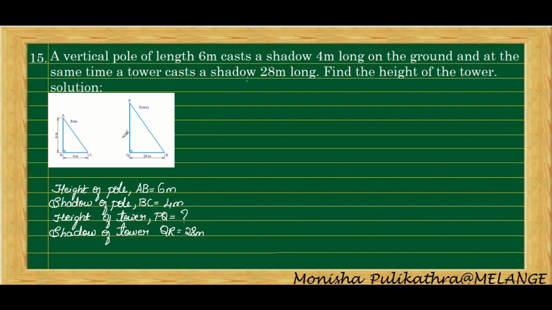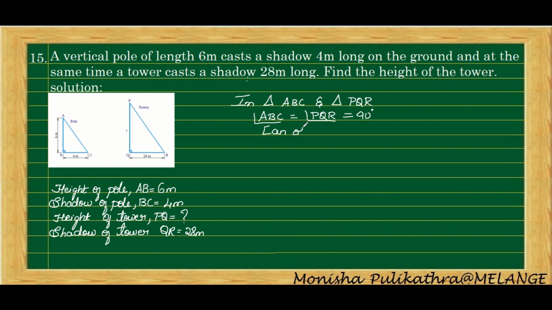Let us compare these two triangles. In triangle ABC and triangle PQR, angle ABC is equal to angle PQR. Why? Because both are 90 degrees.